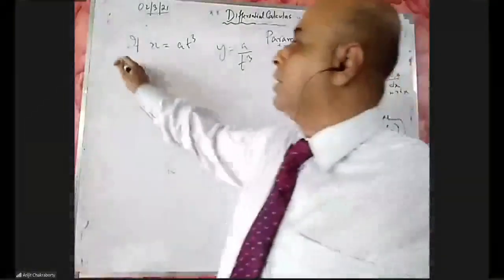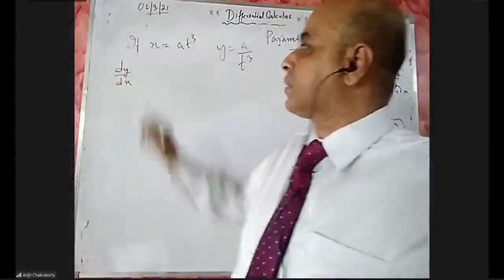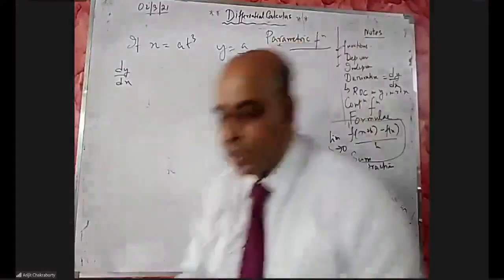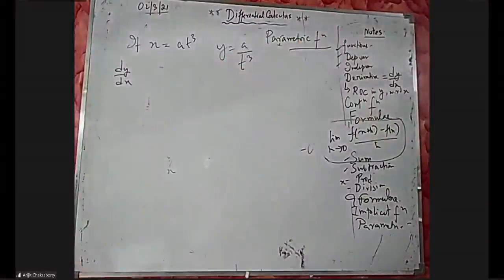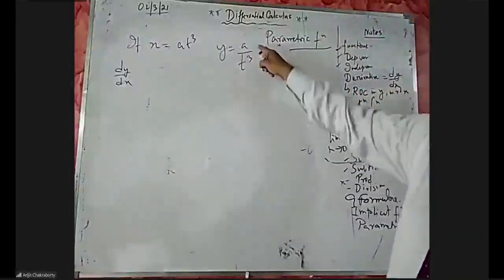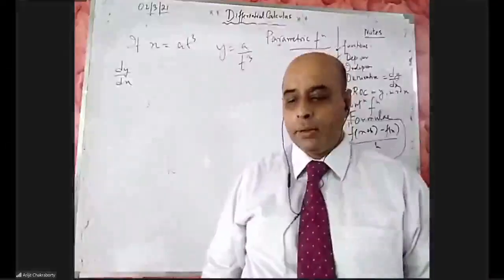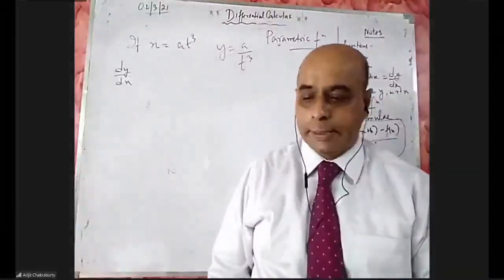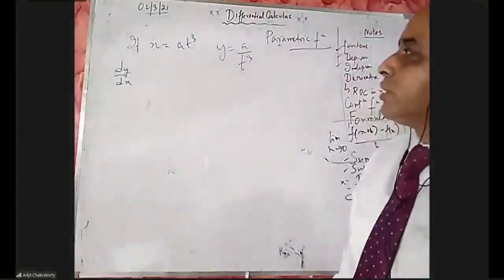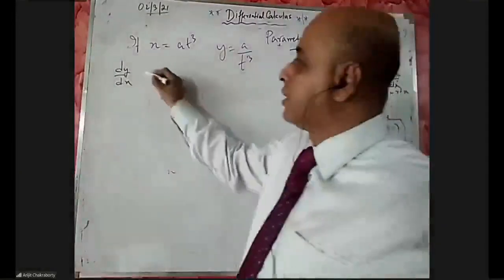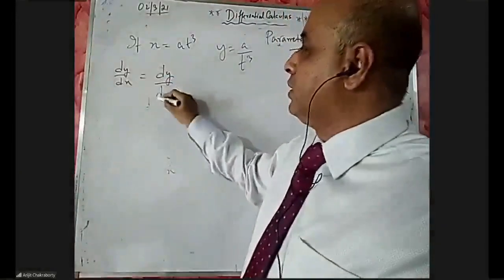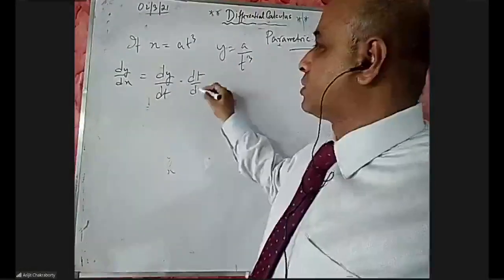The question is find dy by dx. Just see the question. x is given as a into t cube, and y is given as a divided by t cube. You have to find dy by dx. So what we do is, this dy by dx is equal to dy by dt into dt by dx.